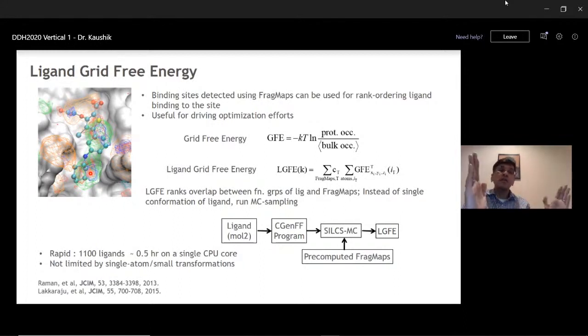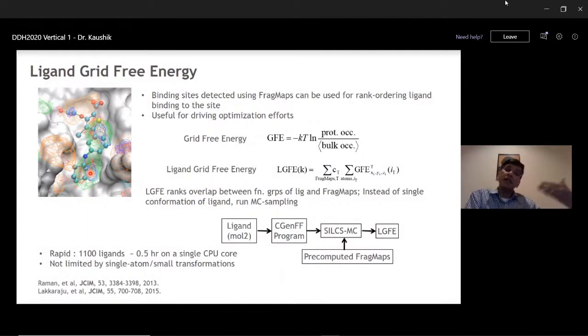So you're considering transmutating a pair of ligands for that kind of calculation, and even within that pair of ligands, that is usually accompanied by the condition that the two ligands can't be too dissimilar from each other.